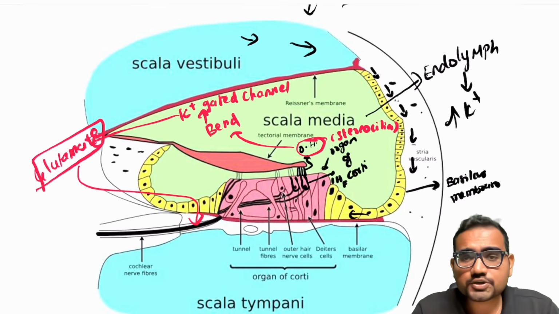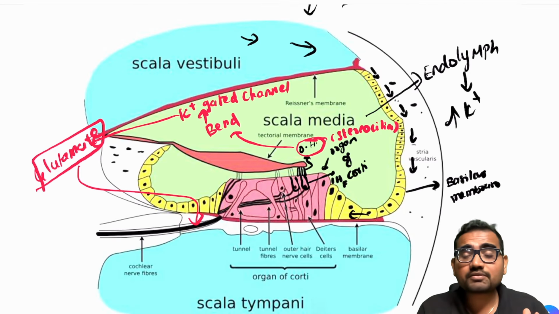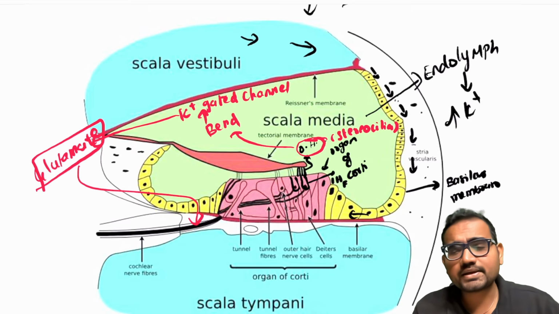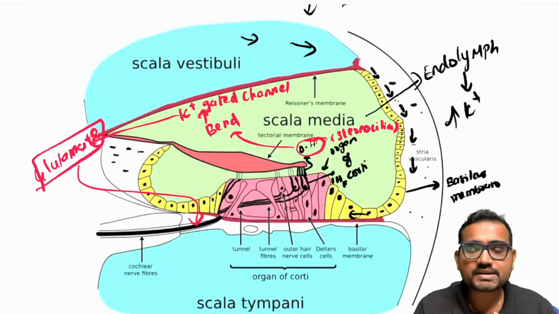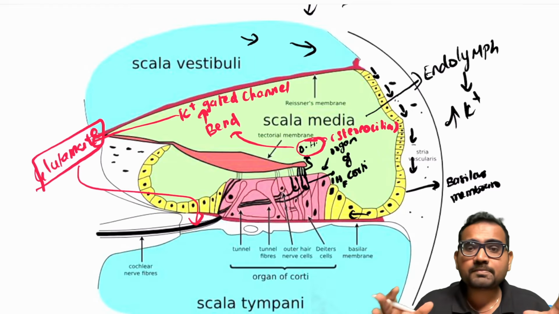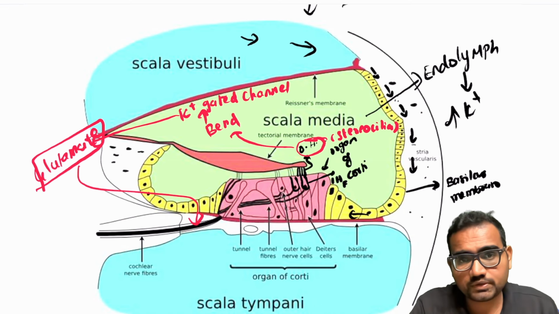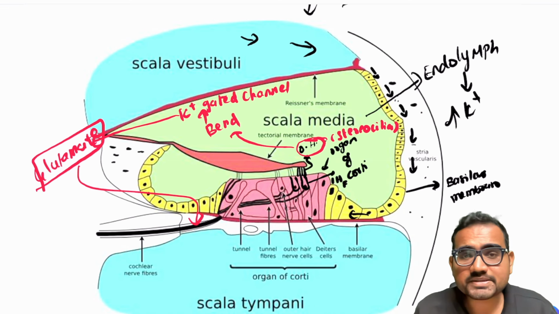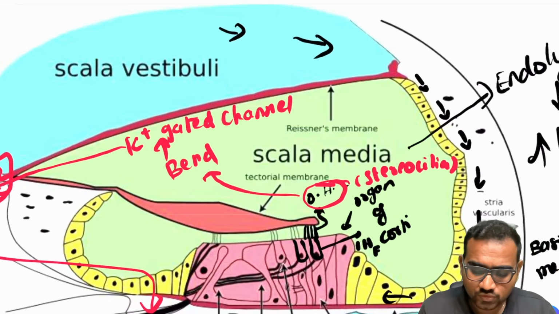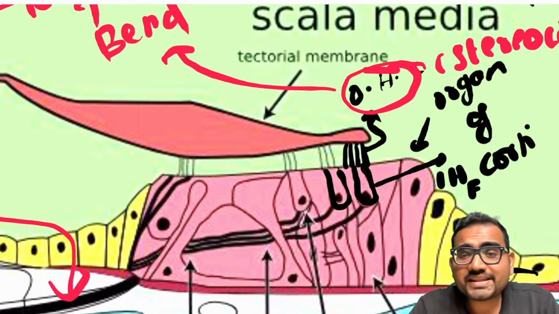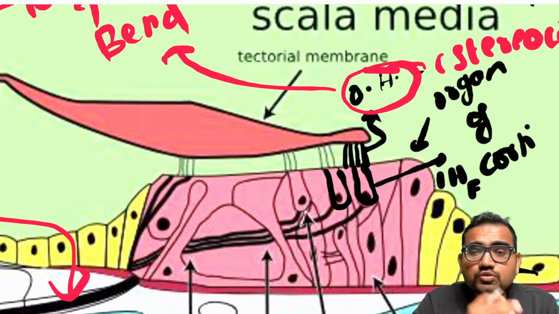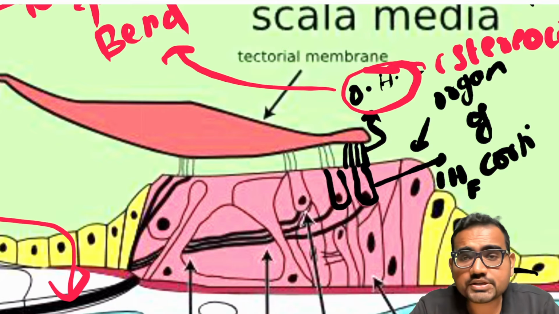So the main function of the organ of Corti is where the vibrations and fluid waves are converted into sound, by the release of the neurotransmitter. Because of the bending of the hair cells, potassium gated channels open, the hair cells depolarize, and that in turn releases the neurotransmitter which stimulates the cochlear nerve. Another important structure is the tectorial membrane, into which the hair cells extend.